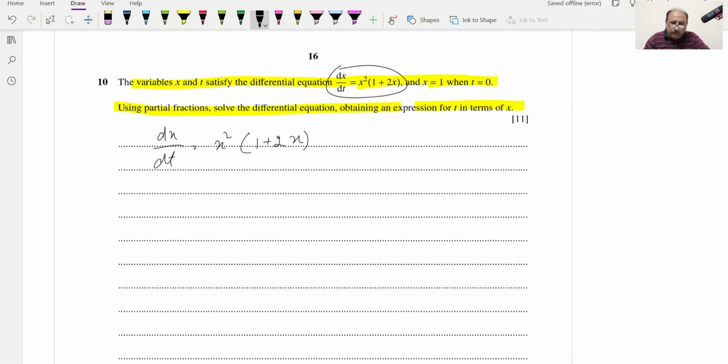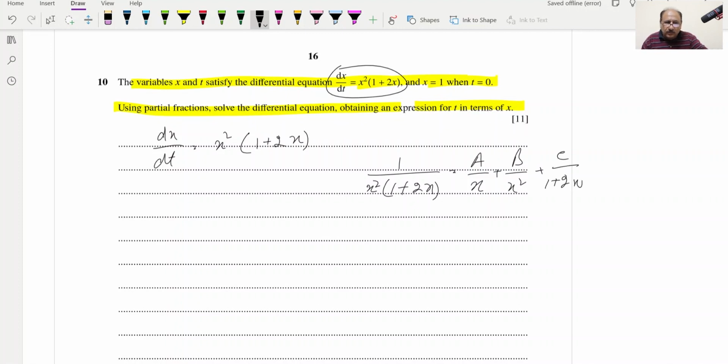We will first be doing partial fractions, so we can take 1 over x squared into 1 plus 2x, and because this is a square, we can separately write a over x plus b over x squared, and the third term will be c over 1 plus 2x.